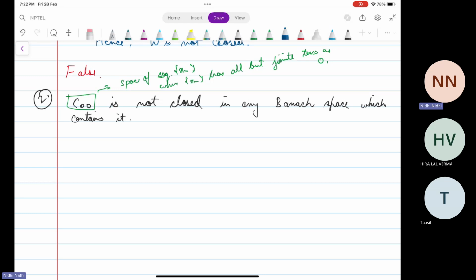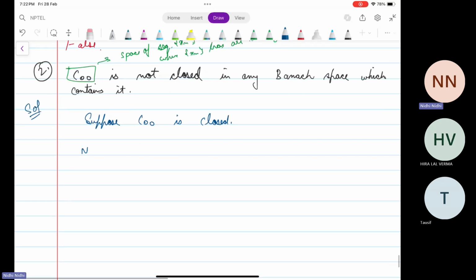So suppose c00 is closed. Now, for every x in c00, I can clearly write x as summation n from 1 to infinity xn, yes, because eventually this sum will be a finite sum only.